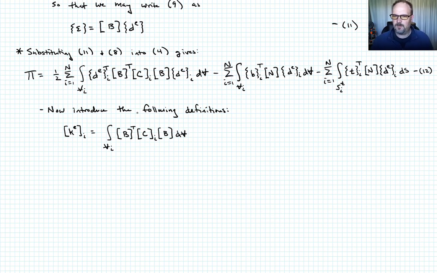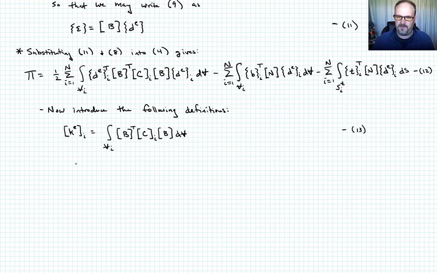Okay, and why can I do that? Because these d terms are just nodal coefficients, right? They're not functions, so I can pull them outside the integral. Okay, so I'm going to call this equation 13.